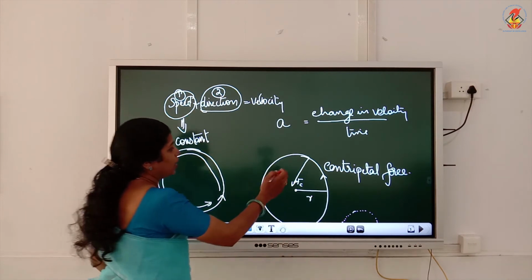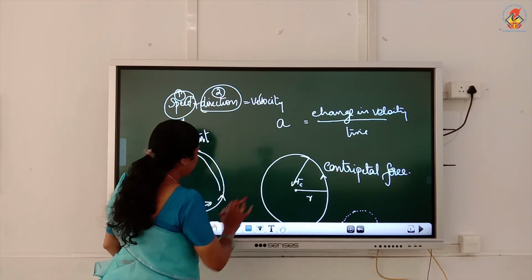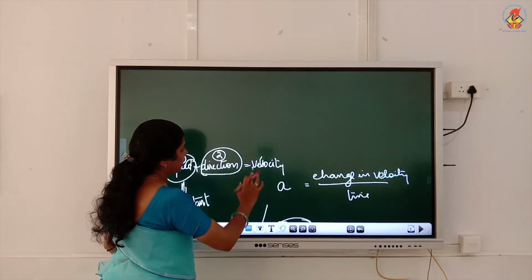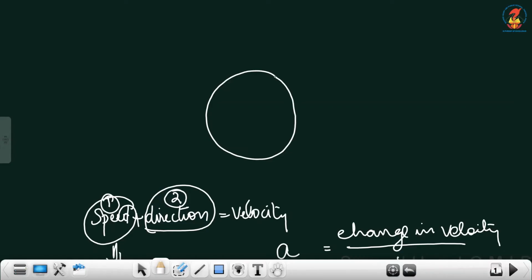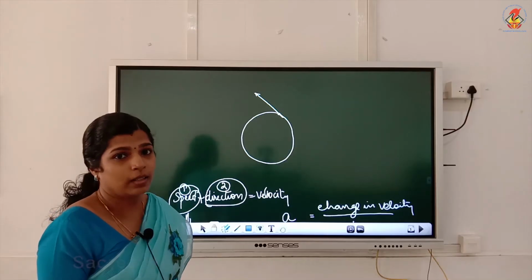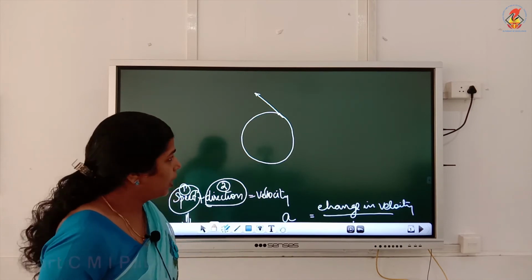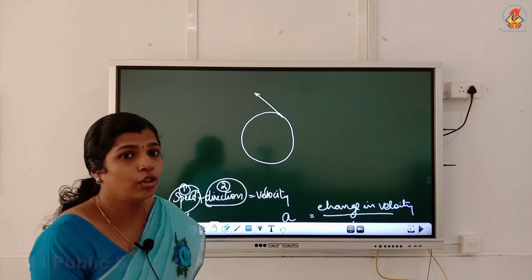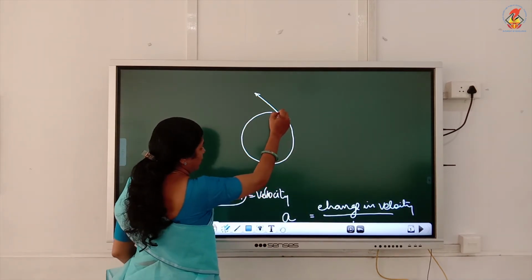If the centripetal force is not there, the object will move along the direction of velocity at that point, that is a tangent to the circle. What is the direction of velocity at this point?